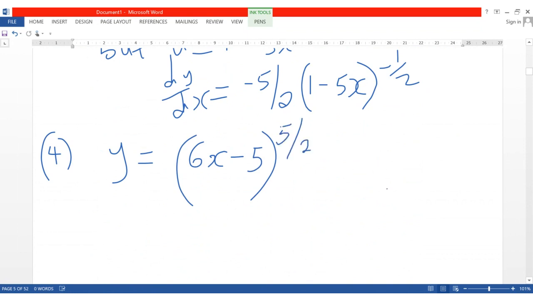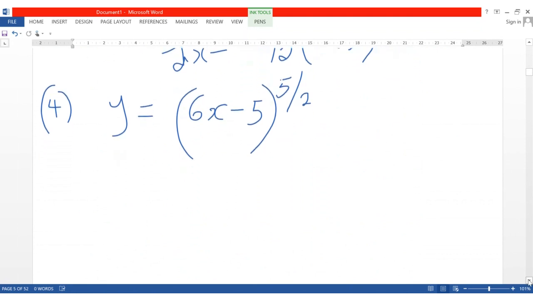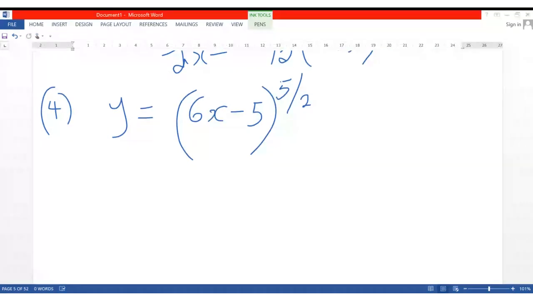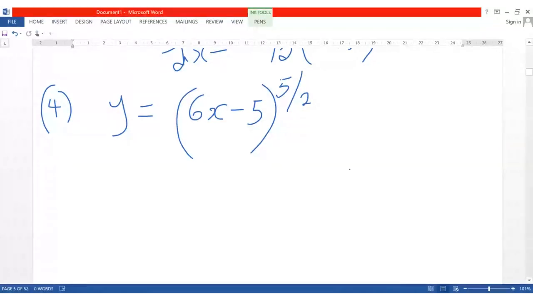We see that one again. So again it is a function within a function. I will call the u. So u here will be whatever is in brackets. I write y in terms of u. It will be u to the 5 over 2.